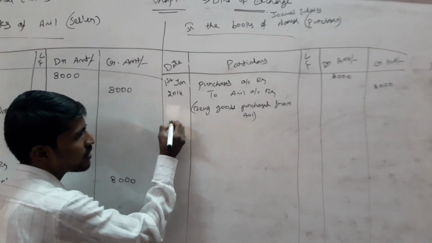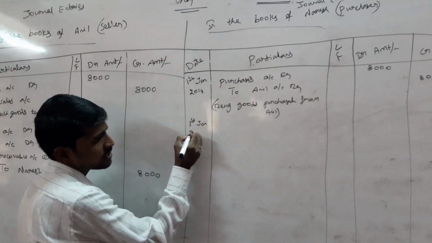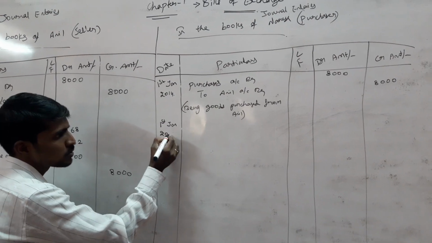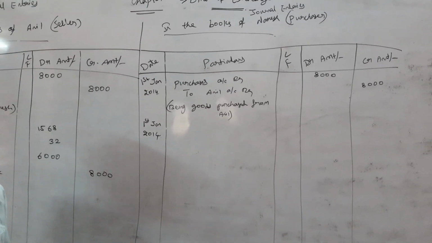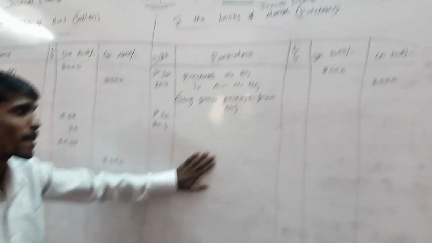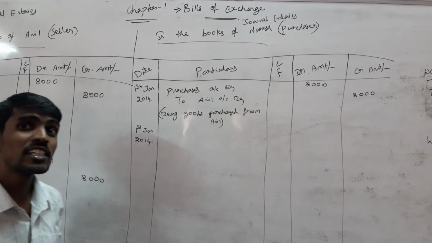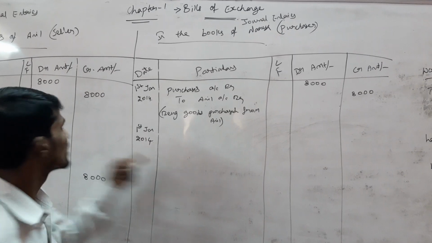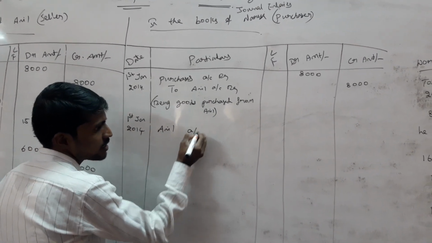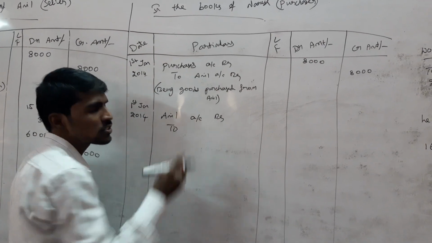On the same date he will write 1st Jan 2014. Here, what Naresh is giving: receiver debit, giver credit rule. Who is receiver? Anil is receiver. Anil account debit. What is credit?